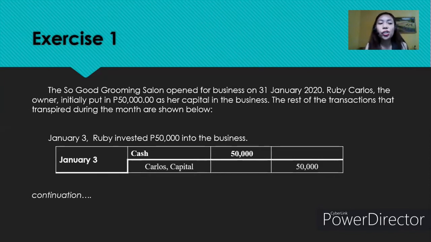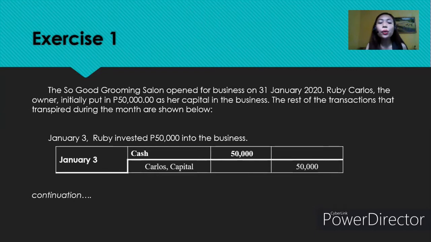Ruby Carlos, the owner, initially put in 500,000 pesos as her capital in the business. The rest of the transactions that transpired during the month are shown below. Now, the first transaction is on January 3. Remember, Ruby invested 50,000 into the business, okay?